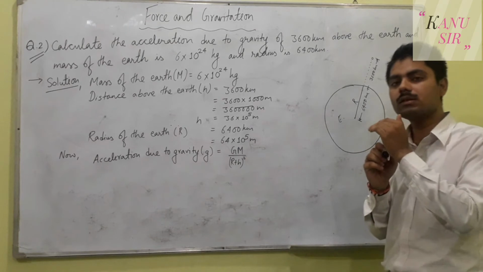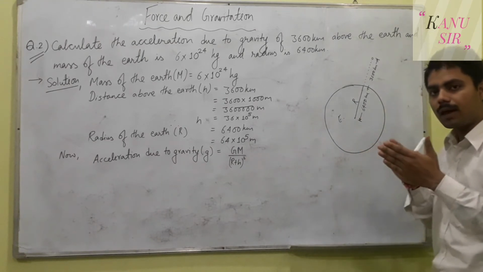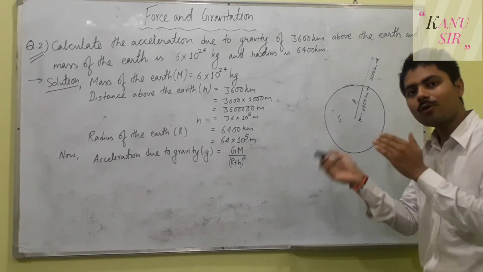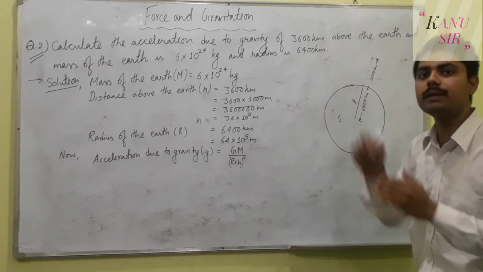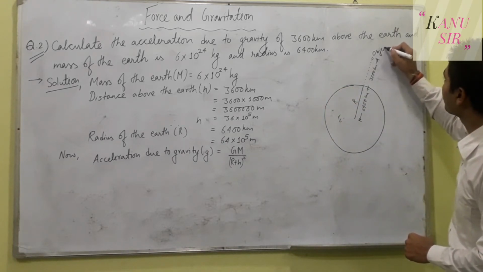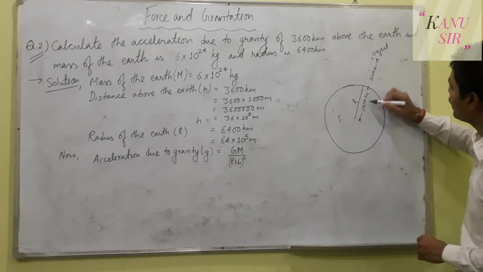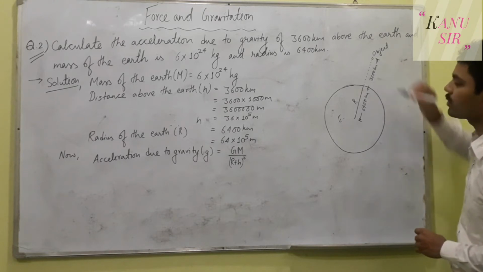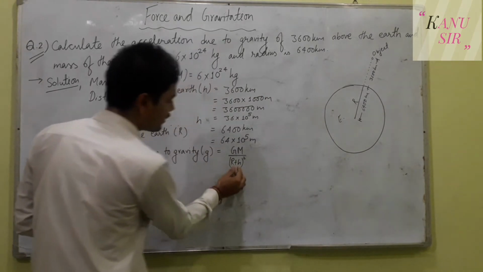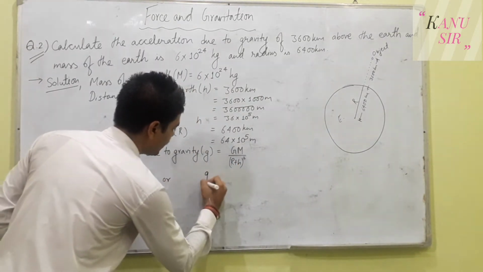By Newton's universal law of gravitation, the force of attraction between any two objects is inversely proportional to the square of the distance between them. So the distance between the object and the center of the earth is in total 6400 plus 3600, that is R plus h.